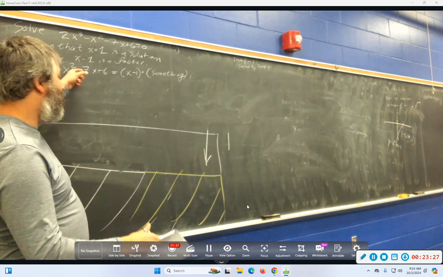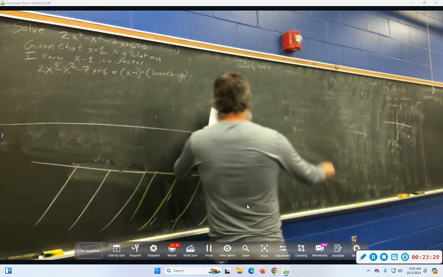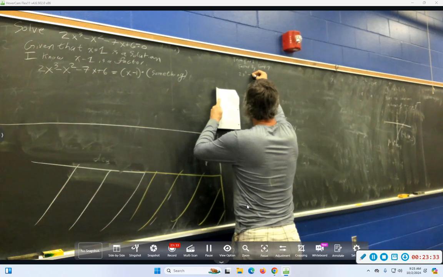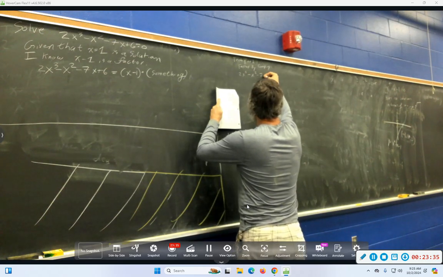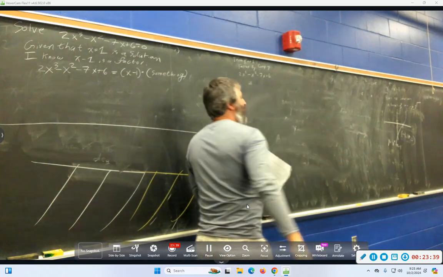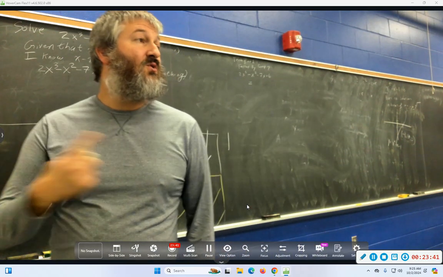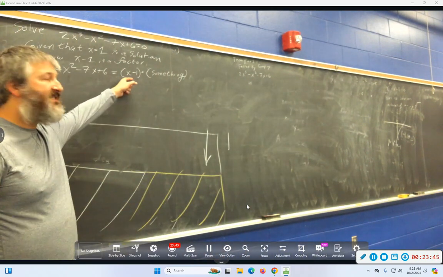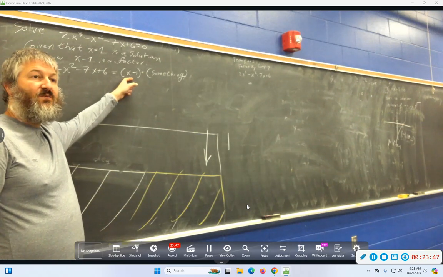So I'll start with the polynomial that I'm interested in. That is 2x cubed minus x squared minus 7x plus 6. And I'll try to do things to that while still being equal so that I just see some things that x minus 1 factors into.